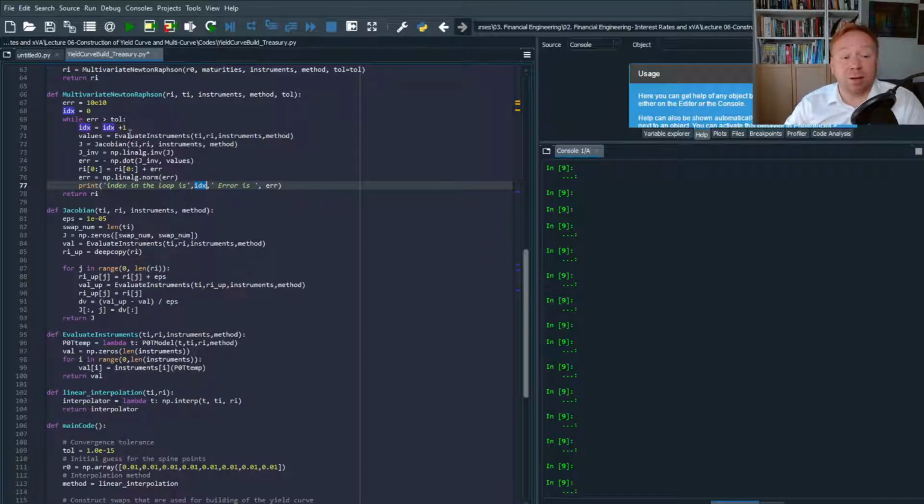But highly recommended would be that you also put some kind of limit on the number of evaluations. So let's say if the number of evaluations is higher than 100 times or 50 times, then you should throw an error message saying that the calibration wasn't successful.